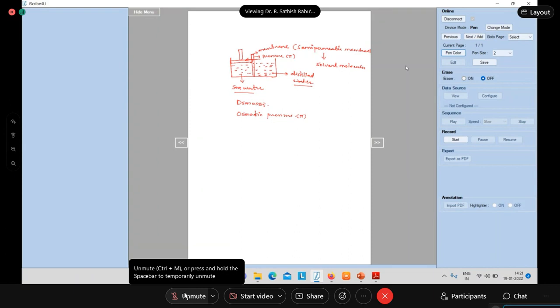If you apply the pressure, then what happens to the flow of water molecules on the higher concentration side?